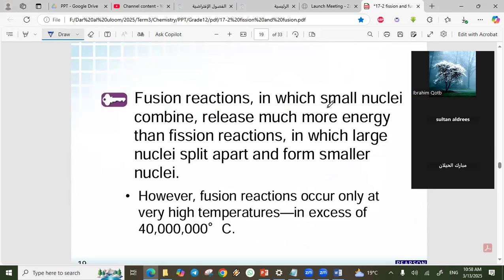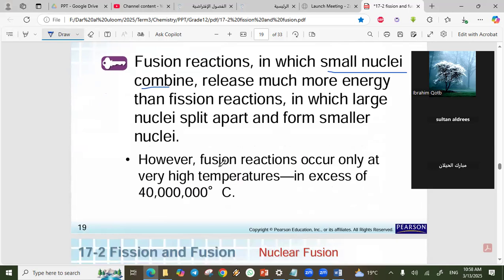Fusion reaction: small nuclei combine and release much more energy than a fission reaction. What we have here. Okay, fusion reaction occurs only at very high temperature, and it must be more than 4,000 million.